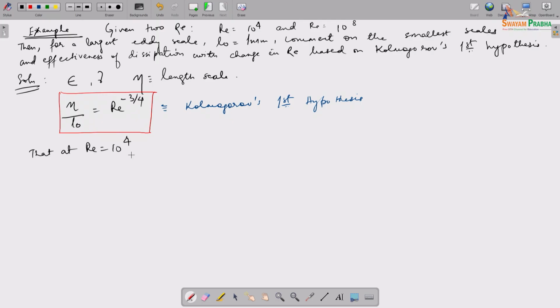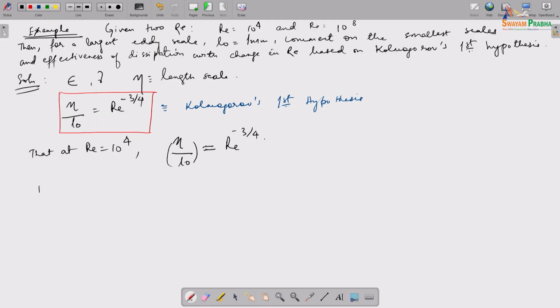So if Re is equal to 10 to the power 4, then eta by L naught is equal to Re to the power minus 3 by 4, right?